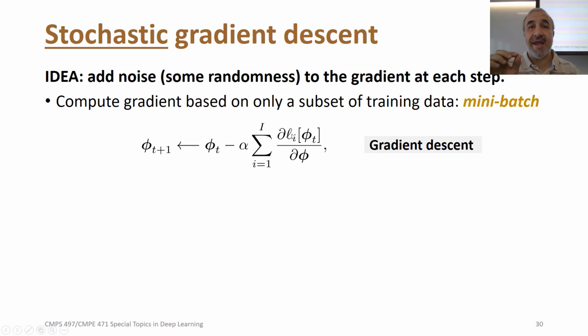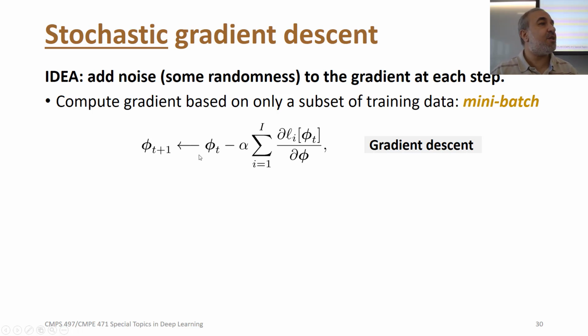Li is the loss, or the partial derivative of Li with respect to phi is the gradient of the loss for a specific training example. And we are doing that over all training examples. That means that for gradient descent, we have to compute all of that.